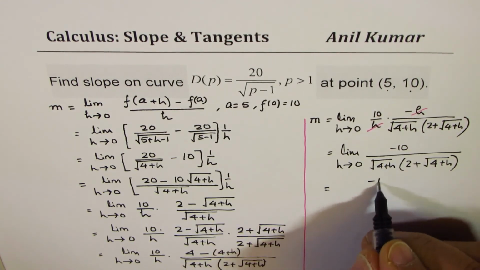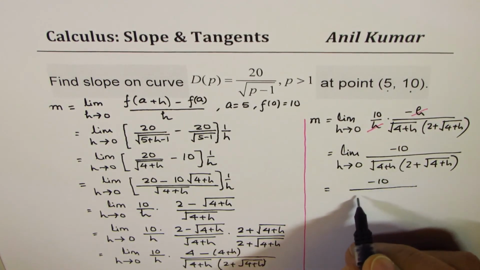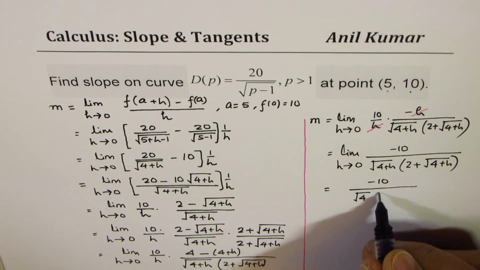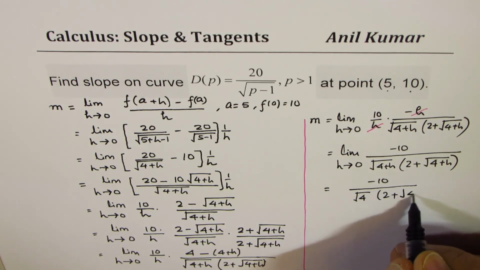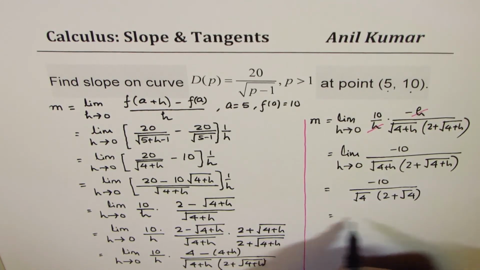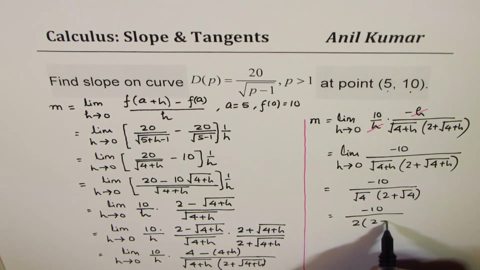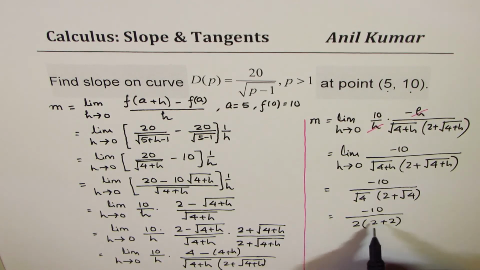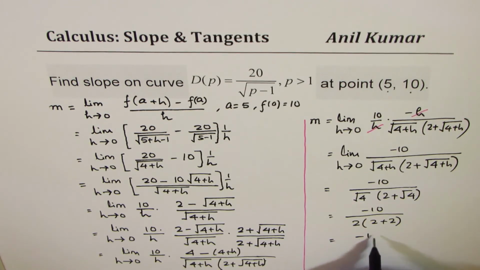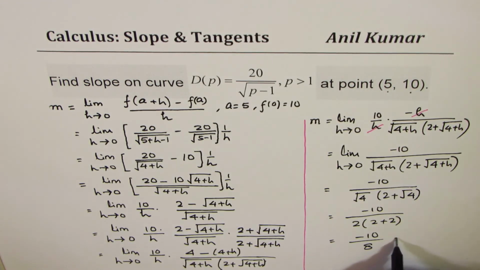Substituting 0, we get minus 10 over the square root of 4 times 2 plus the square root of 4, which is minus 10 divided by 2 times 2 plus 2, which is minus 10 divided by 4 times 2, which is 8, and this can be simplified by dividing by 2 as minus 5 over 4, right?